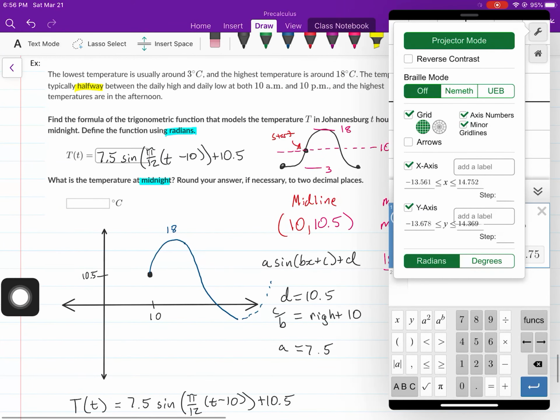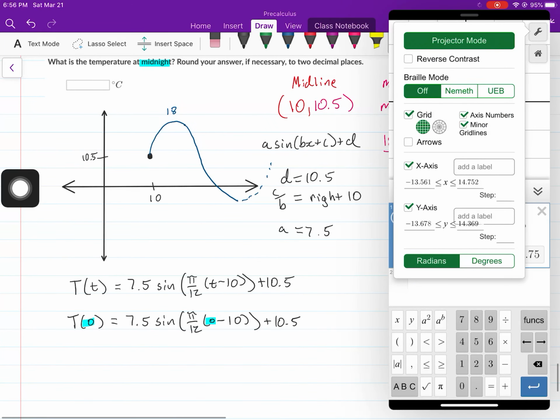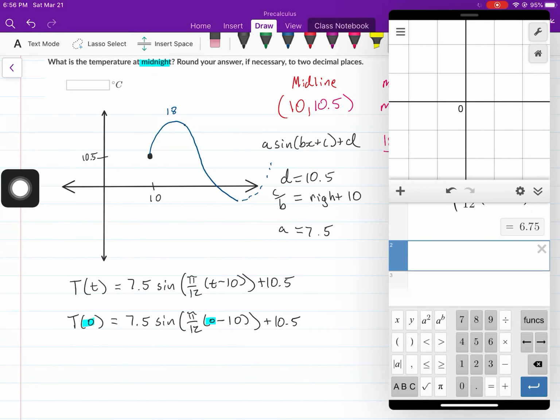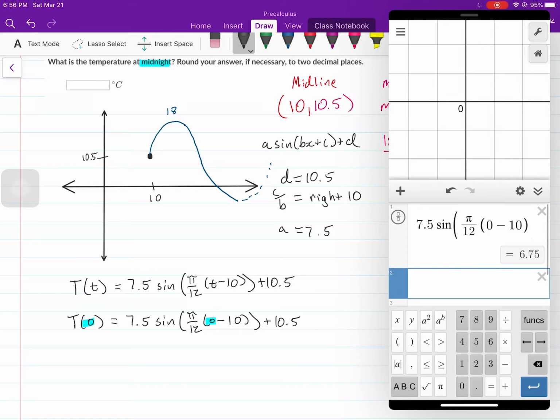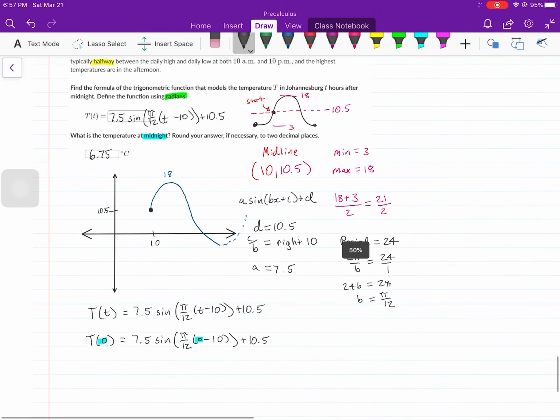So that's something, the problem is in radians. Should be more consistent with my highlighter color here, but it is in radians. So just be careful that you're in radians or degrees depending upon the problem. So 6.75 would be the answer for that. Like I said, I'm going to double check, put a 24 in here. It should give us 6.75, and it does. And 48, so every 24-hour period, it's still coming back to that same temperature. And that's it.